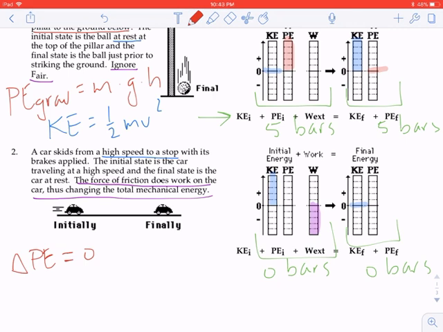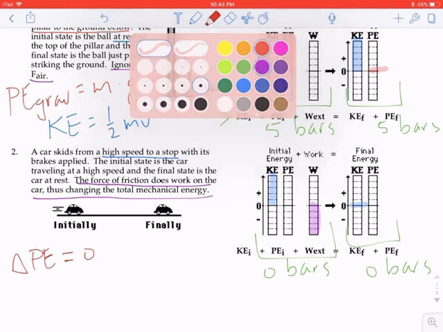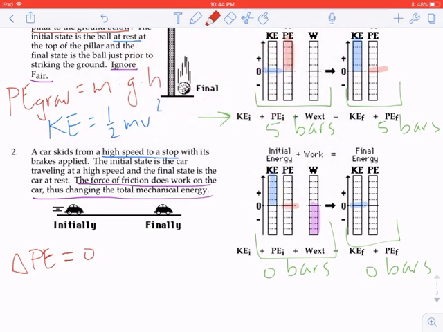The car is driving on a level road, so there's no going uphill or downhill. The potential energy is 0 the entire time. The car's flat on the ground, so we don't have to include potential energy. We can show that as 0 before and 0 after.